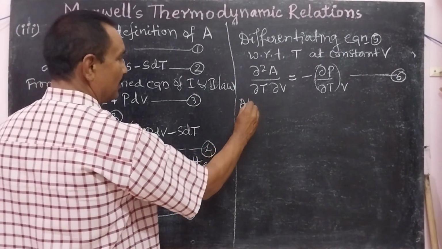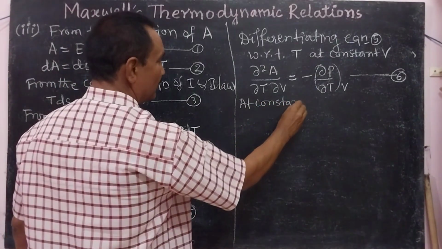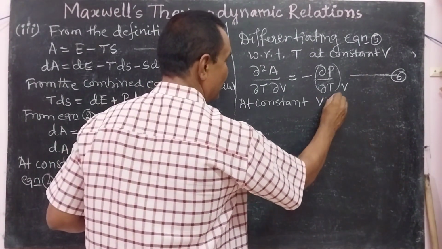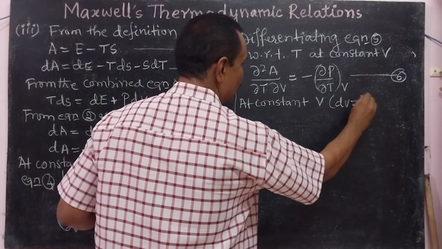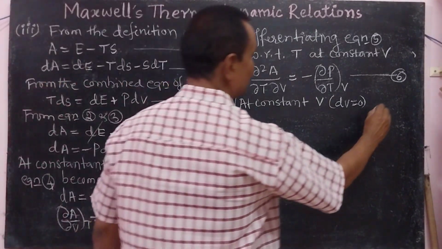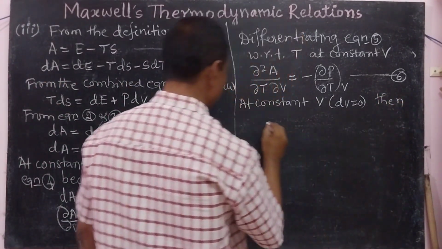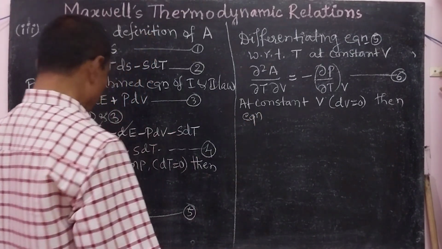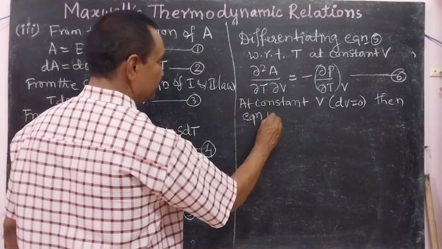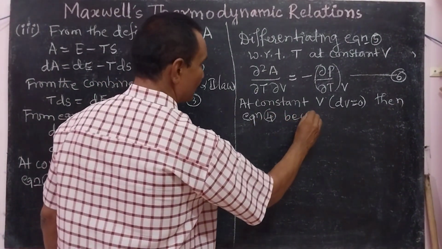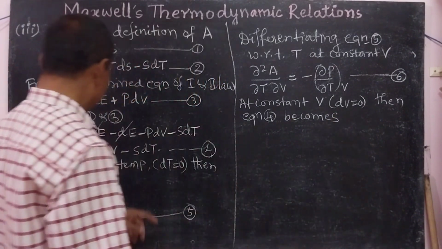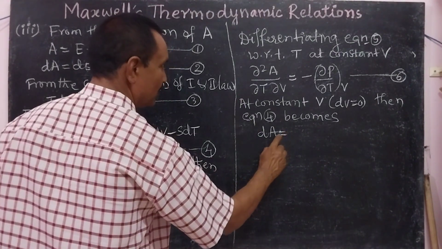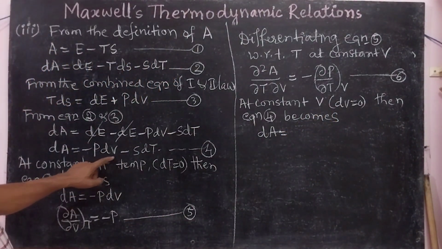This condition is applied at constant V, that is dV equal to 0. Then equation 4 becomes dA equal to minus S dT, since the dV term becomes 0.